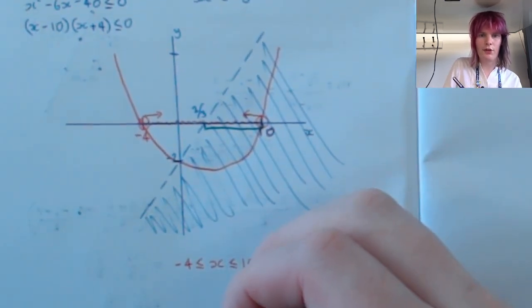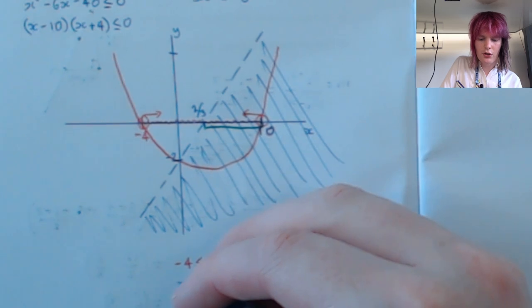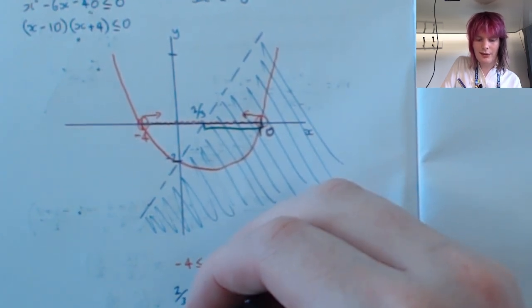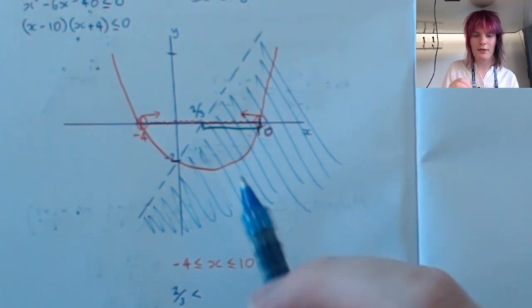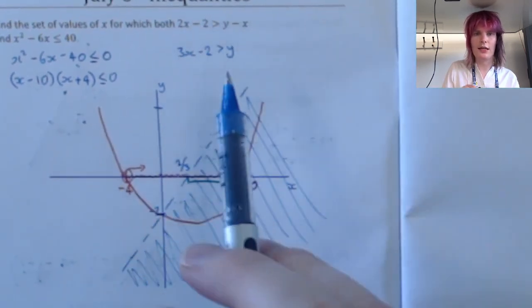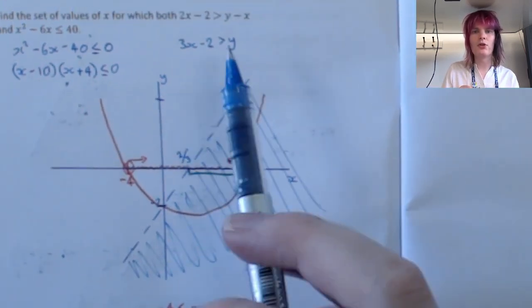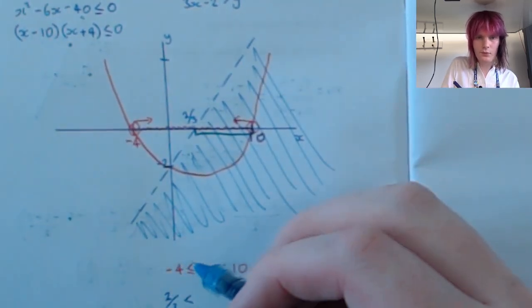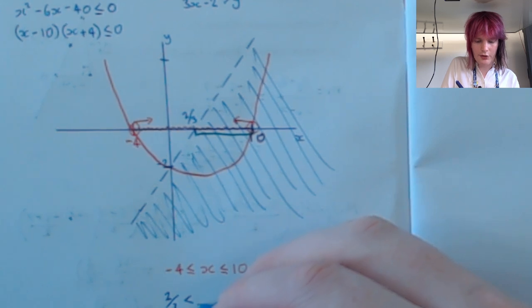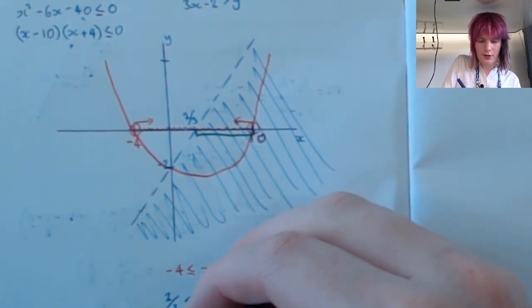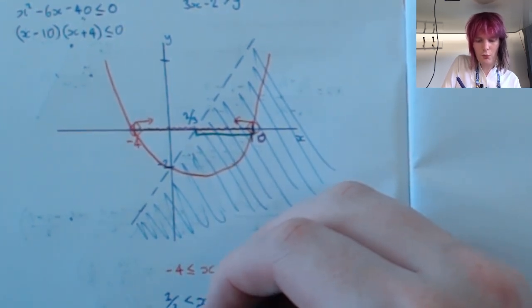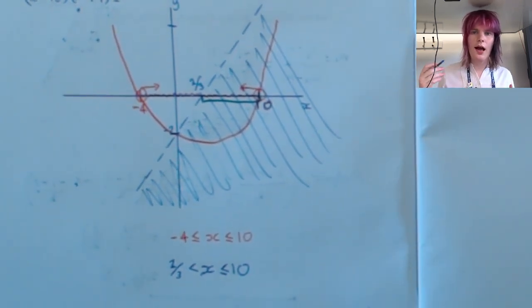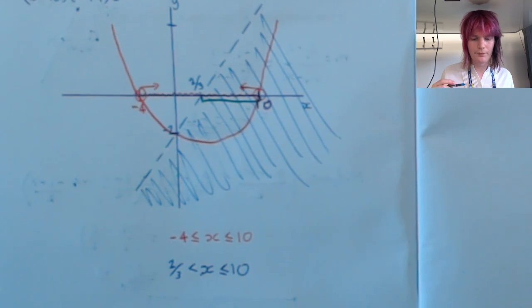And the actual inequality that we want is that 2 over 3 is strictly less than x, because 2 over 3 would not satisfy this rule, and x is less than or equal to 10. And that is our solution to this problem.